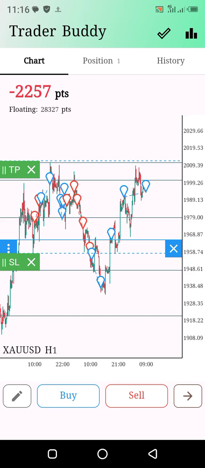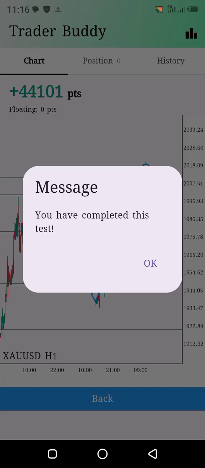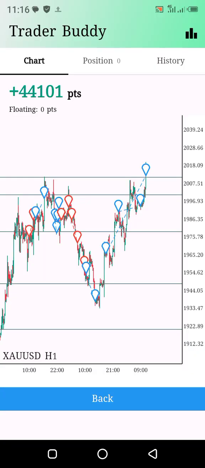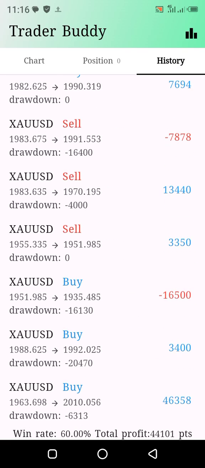Price is playing around, but eventually I know we are going to hit that TP. Okay, so price eventually hit the TP.